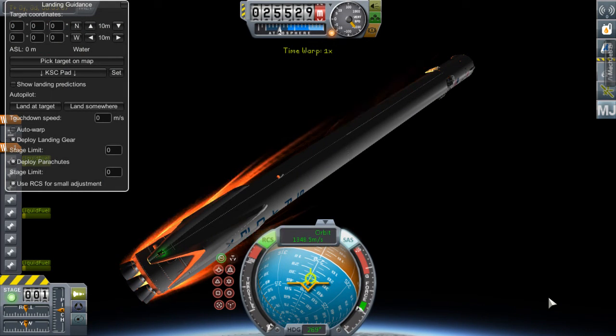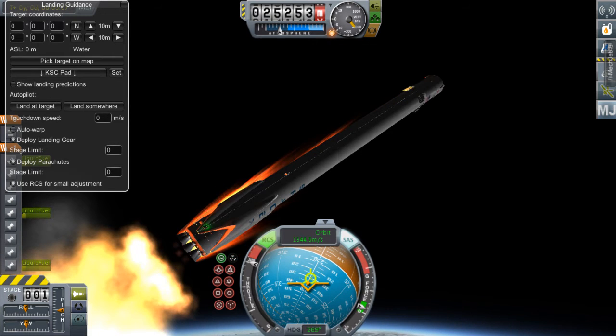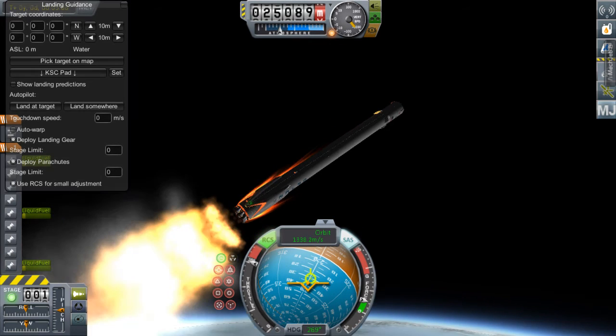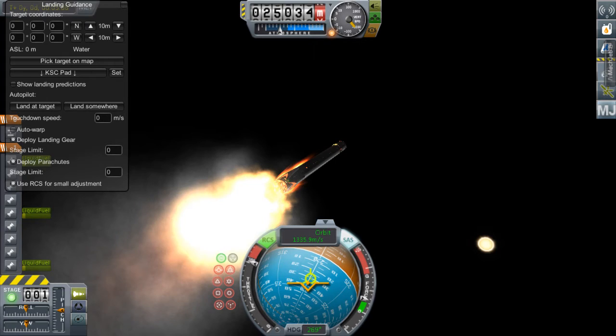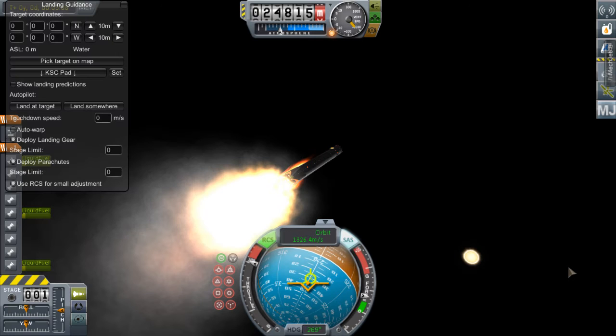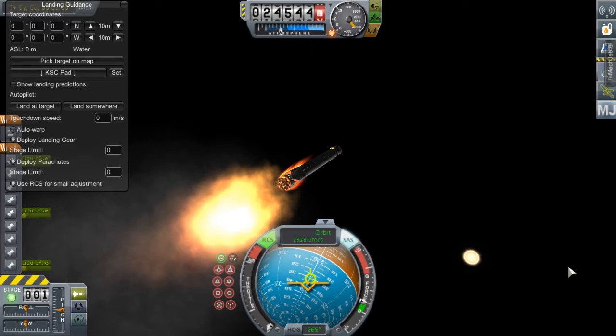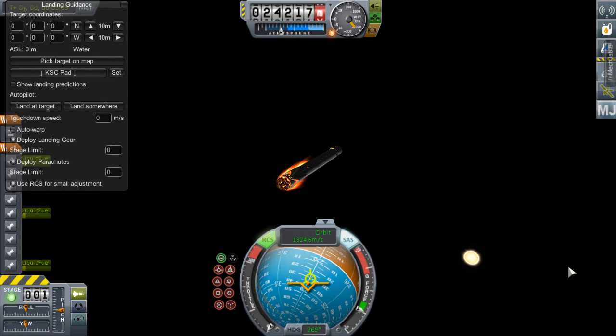Beginning the entry burn. We should have entry burn shutdown. Entry burn shutdown confirmed.